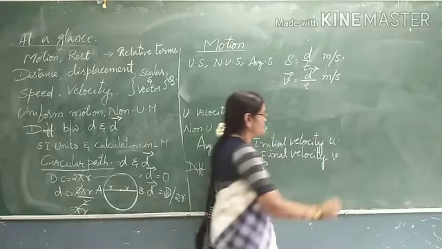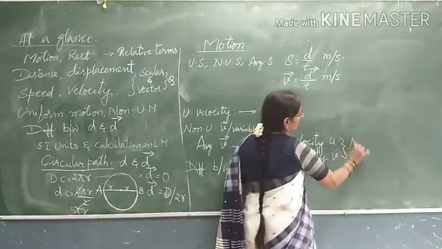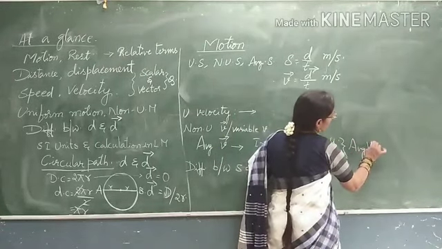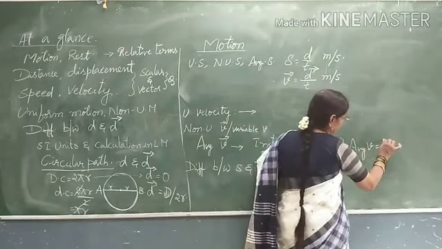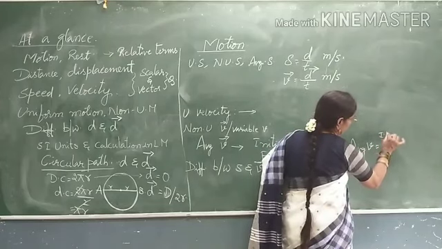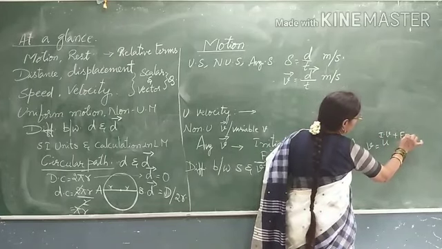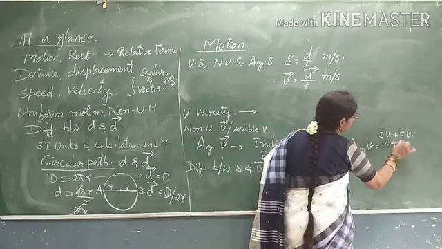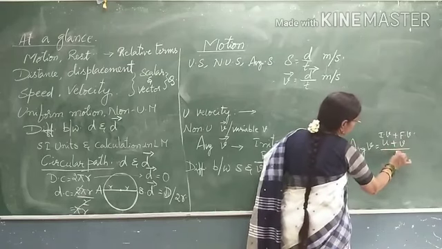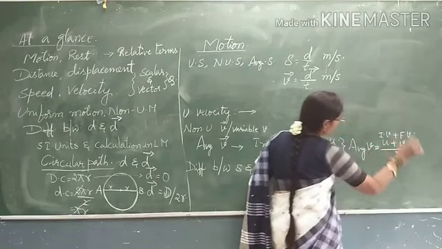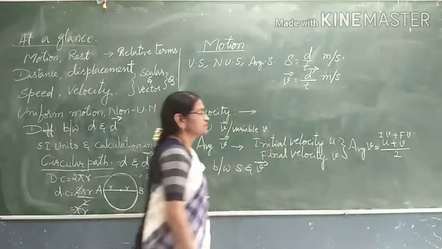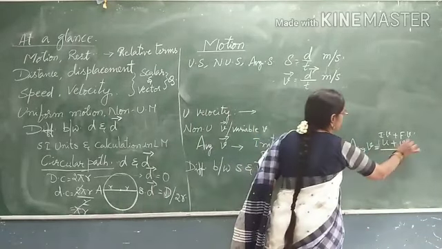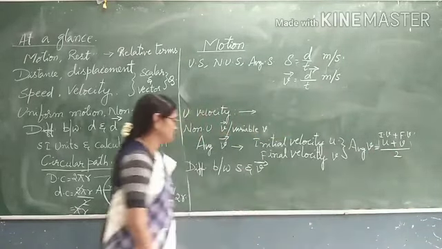Maybe V. Now average velocity is equal to initial velocity plus final velocity, that is U plus V by 2. Two velocities averaged. So U plus V by 2 is the average velocity.